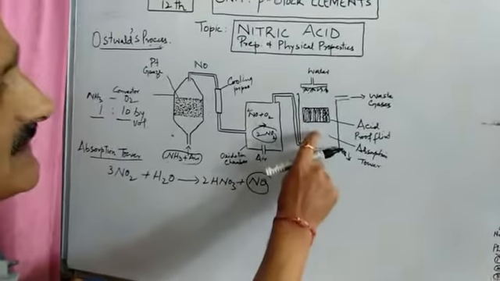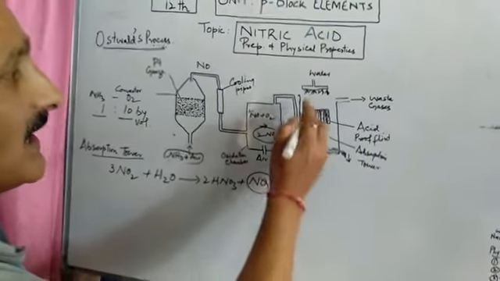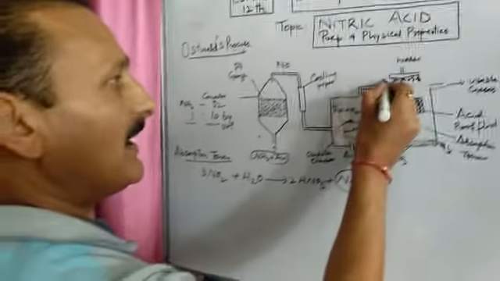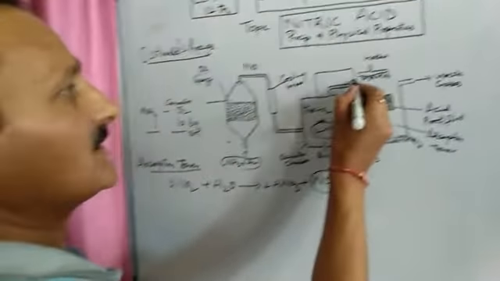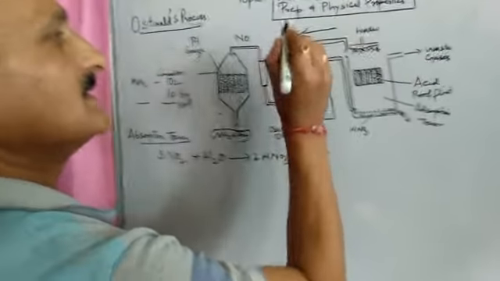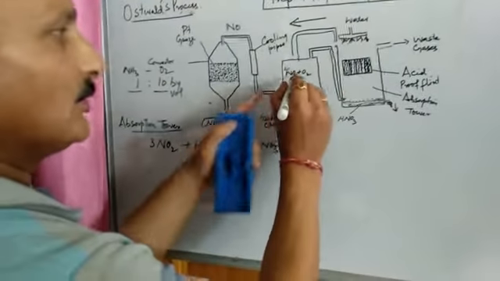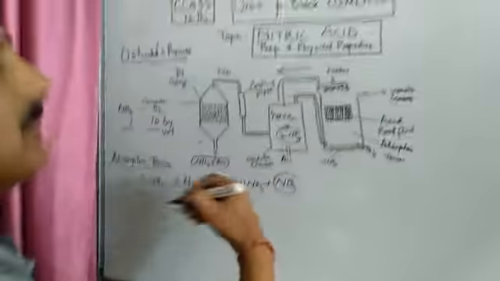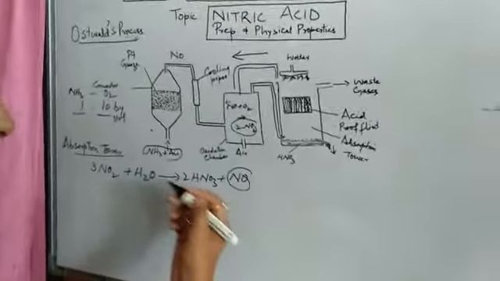That means we get nitric oxide back. That nitric oxide can be recycled, taken back to this chamber for further reaction, because we require NO in this chamber, so that NO can be recycled again for manufacture of more nitric acid.